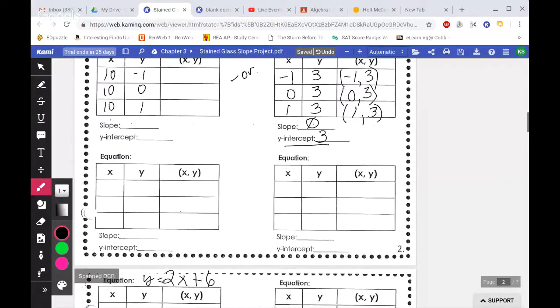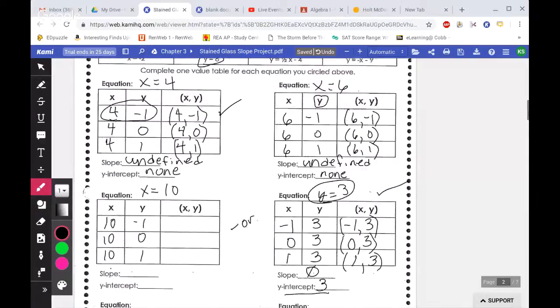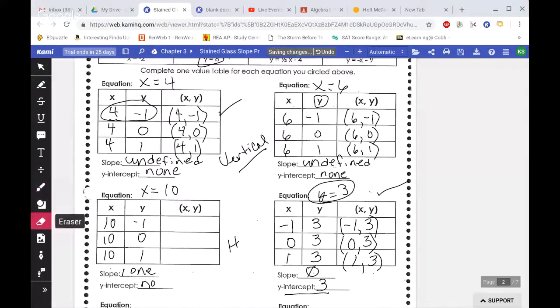Did you need to see the horizontal and vertical lines anymore? Hold on. All the x equals are vertical lines. All of the y equals are horizontal. Oops. This should say undefined, actually.